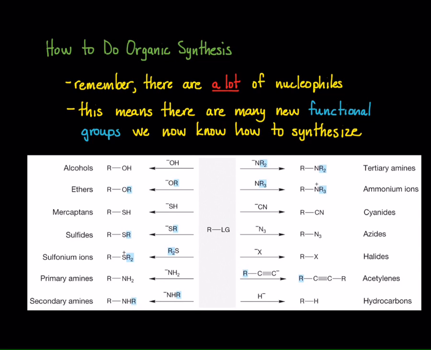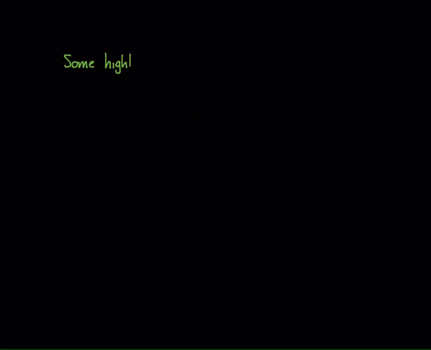Taking all of this into account, we can start thinking about some of the ways that we can synthesize new functional groups from old functional groups. One thing we can do is use the acetylide ion as a nucleophile to synthesize alkynes. How do we make the acetylide ion?